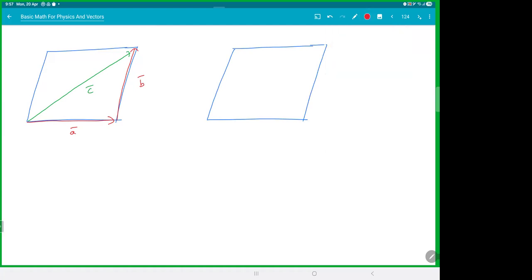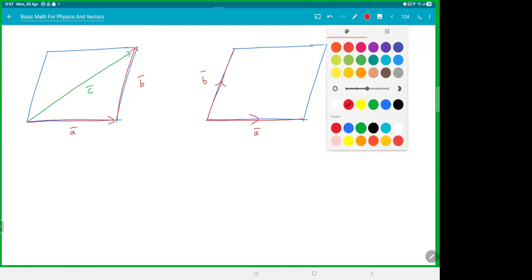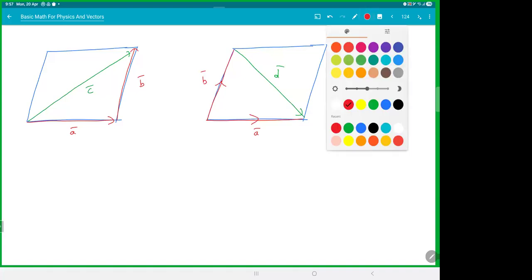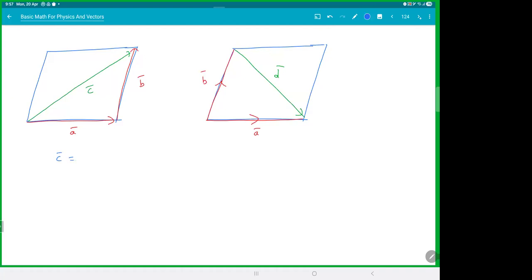Great. What if you draw it like this? Let's say this is A bar, this is B bar. You draw the other vector, let's call it D bar. Now look at this. C bar is A bar plus B bar.